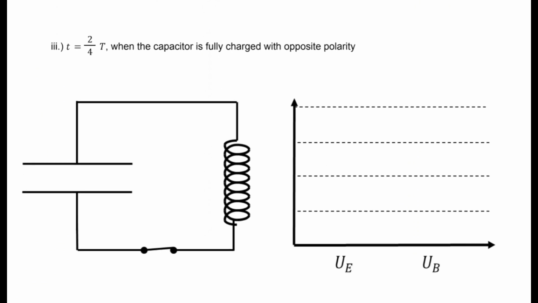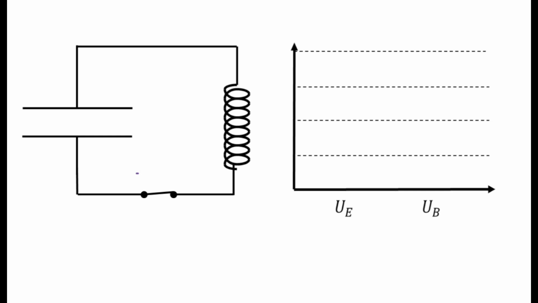All right. Now, a quarter cycle after that, the capacitor becomes fully charged with opposite polarity. So now, after there's maximum current flowing through the inductor, if the current is flowing this way, charging the capacitor, well, that's where positive charges would go. So when the current is at a maximum, these positive charges are actually going to the bottom plate of the capacitor now.